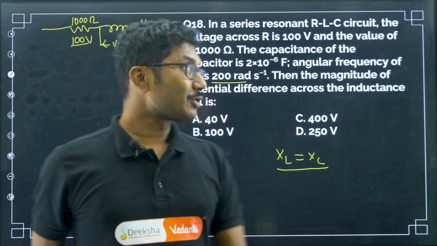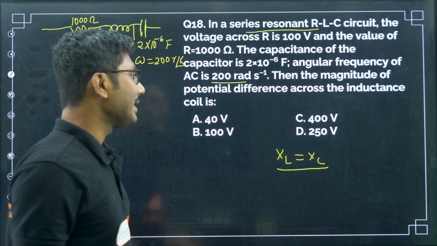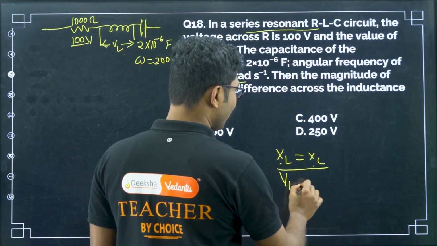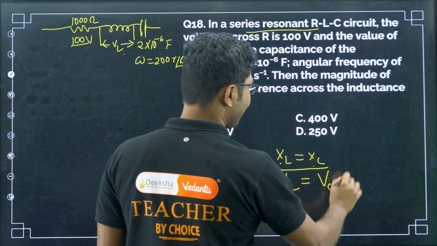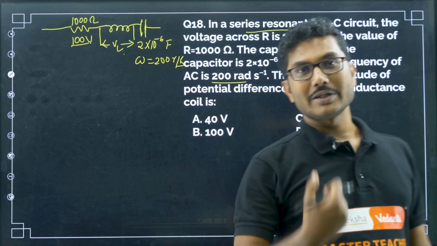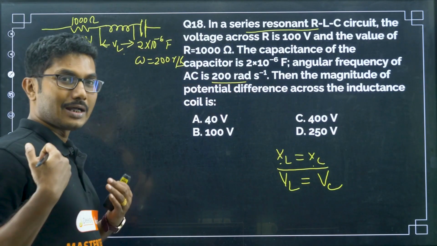But they have also mentioned that the circuit is in resonant condition. So, in resonant condition we know that XL equals XC and also VL equals VC. So, voltage drop across the capacitance will be the same as the voltage drop across the inductance. That is the beauty of a resonance circuit.